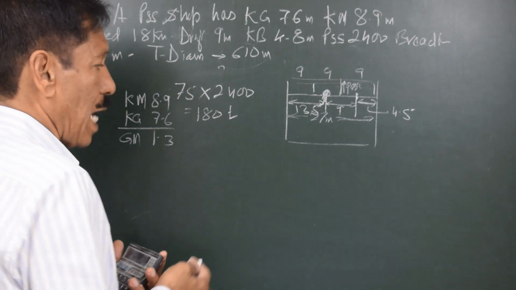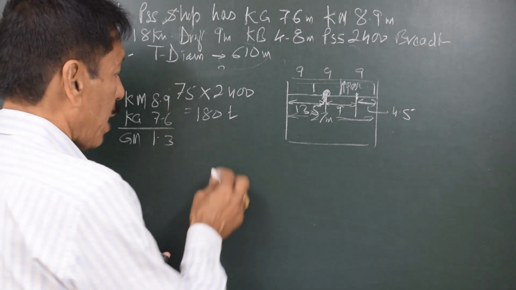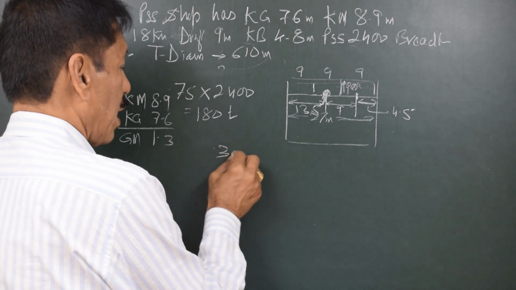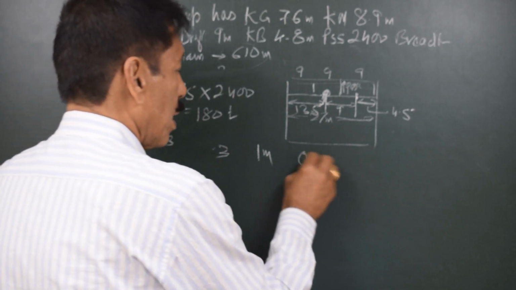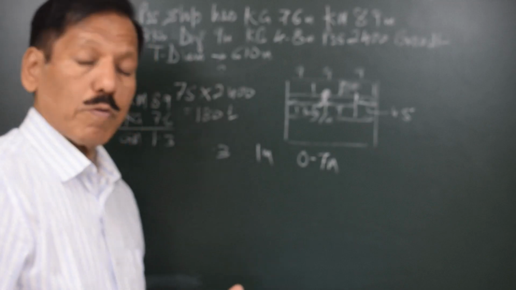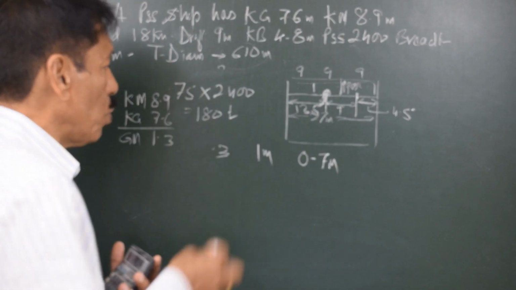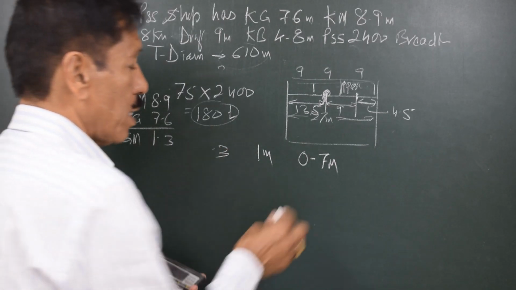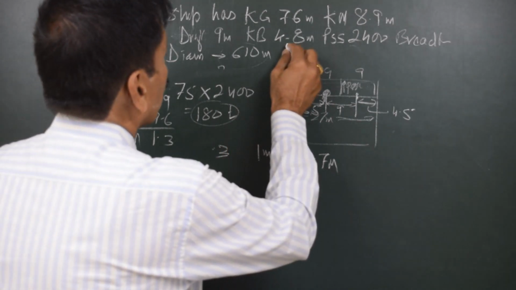Originally when the passengers are relaxing and then when the passengers stand up, it is assumed that the initial center of gravity from the deck is 0.3 meters and later the center of gravity is about 1 meter. So 0.7 meters is the difference, compared to the center of gravity of a person while he's sitting and while he's standing. So we assume now that this weight of the passengers moves upwards by a distance of 0.7 meters.